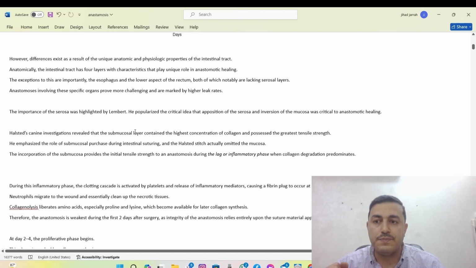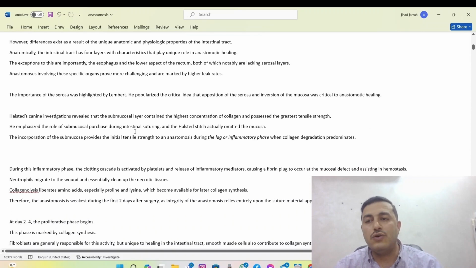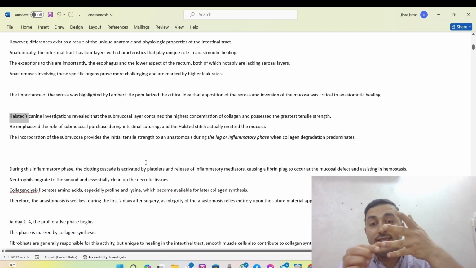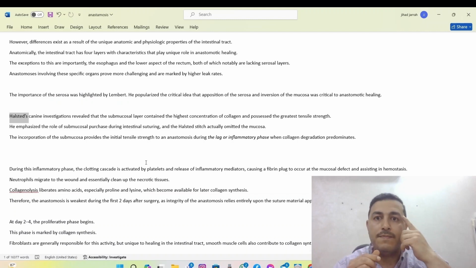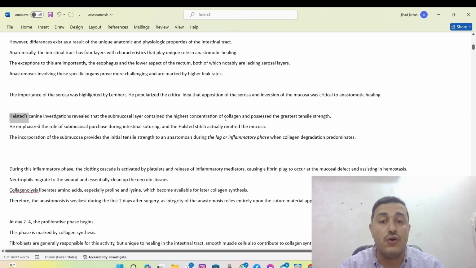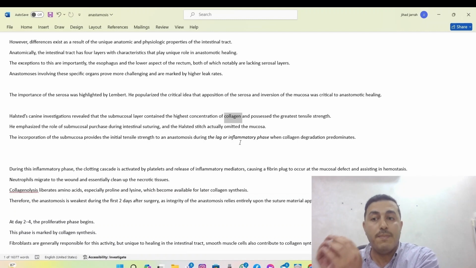And finally we will see Lambert suturing, which depends on positioning of the serosa, because it's the most important. He studied the highest leak rate, or failure of healing, in parts that have no serosa. But later on, a surgeon called Halsted also highlighted the importance of the second layer, the submucosa. He said this layer has the highest concentration of collagen, and collagen is responsible for the tensile strength of the bowel.